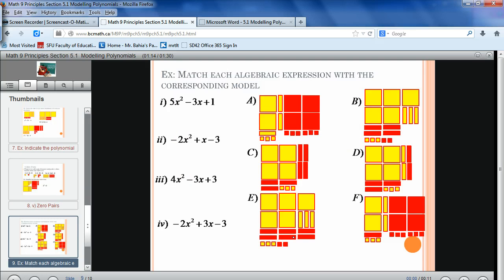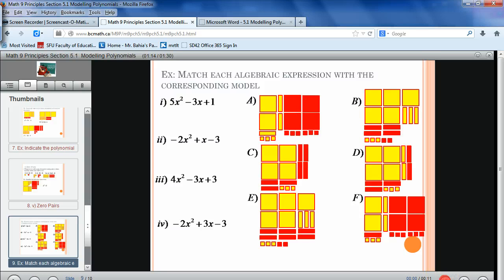Okay, here, let's see what you got. Let's match these guys with these expressions. 5x squared minus 3x plus 1. Which of these is showing that? Now these expressions over here have not been cancelled out.